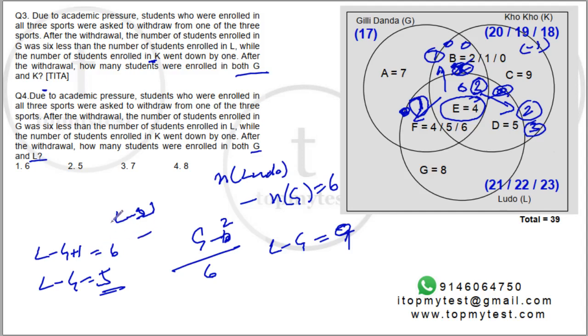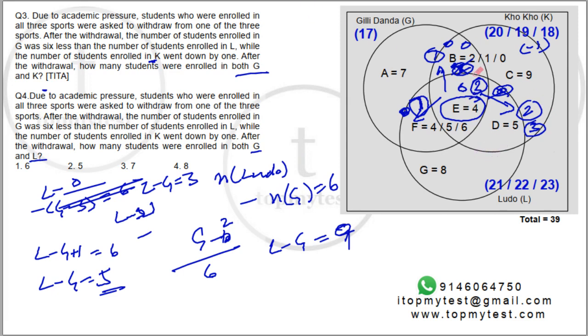Let's see if that is possible. L minus 0, G minus 3 should be equal to 6. If I rewrite this, you'll get L minus G equal to 3, which is not possible. So this is also out. The only scenario possible is 1 person moves here and 2 persons move here.